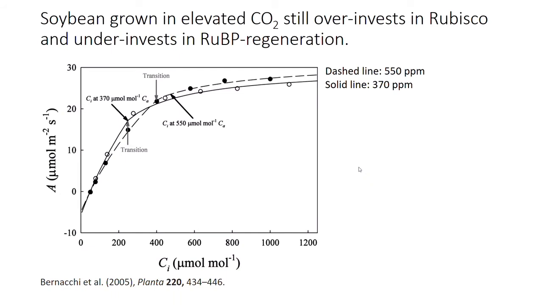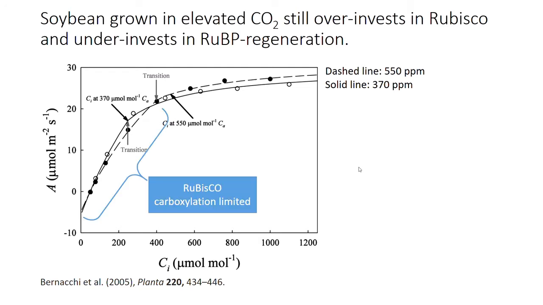Another important observation from SoyFACE studies for soybean was that under elevated CO2, there is sometimes observed a decline in rubisco activity relative to the capacity for RuBP regeneration. This has been observed in some genotypes of soybean under certain conditions.